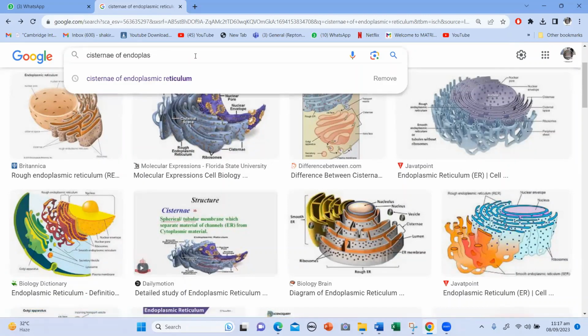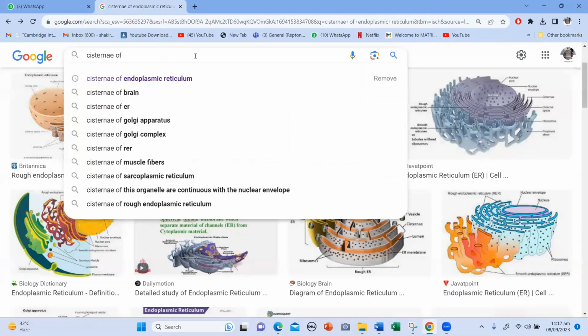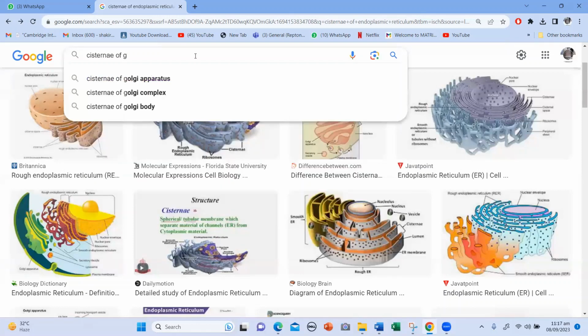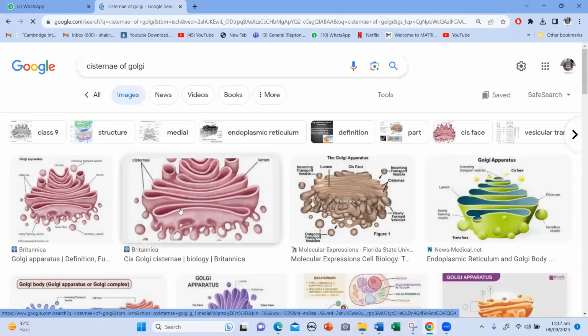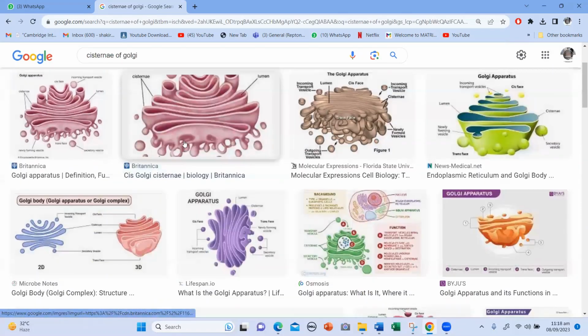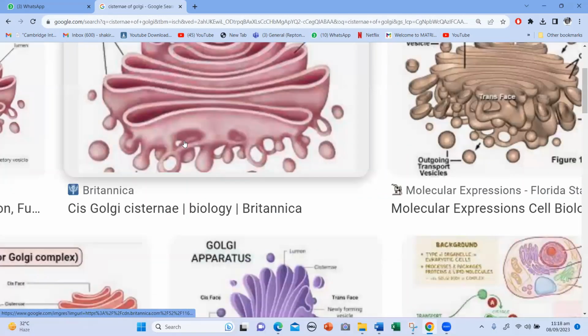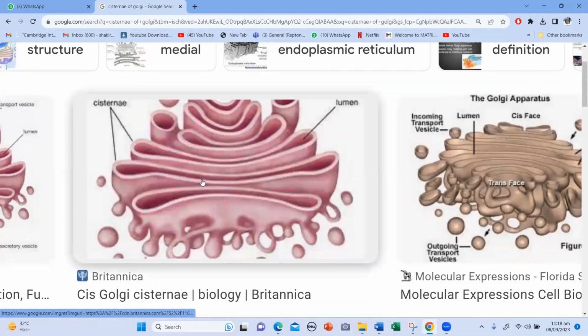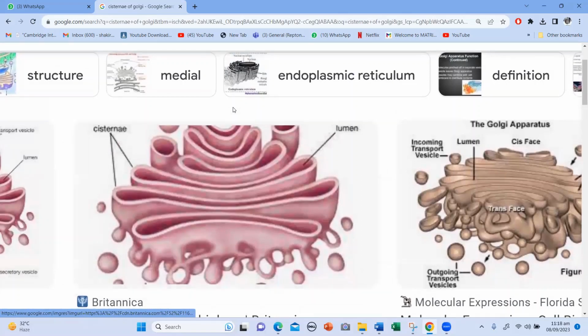Both Golgi and ER have this. So look, cisternae actually are the flattened sacs. These are cisternae of Golgi. You know what actually is a cisternae? These flattened sacs, just one. There are 1, 2, 3, 4, 5, 6. 6 cisternae are shown here.